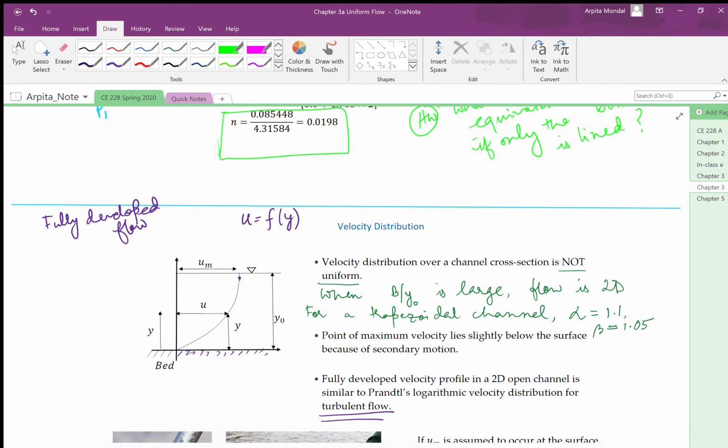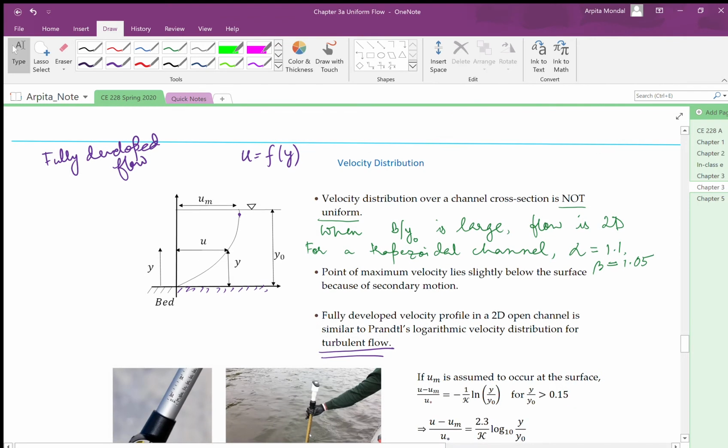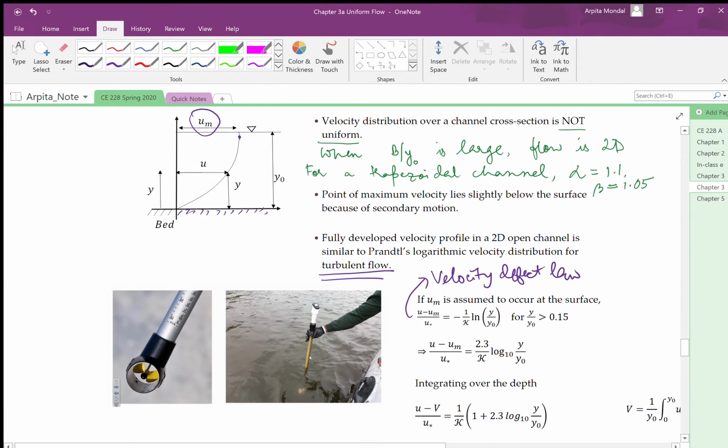And if we assume that this maximum velocity happens right at the surface, then the velocity defect law, which comes from Prandtl's logarithmic velocity distribution, can be used to obtain a relationship between u, the velocity at any depth, to the corresponding depth y.